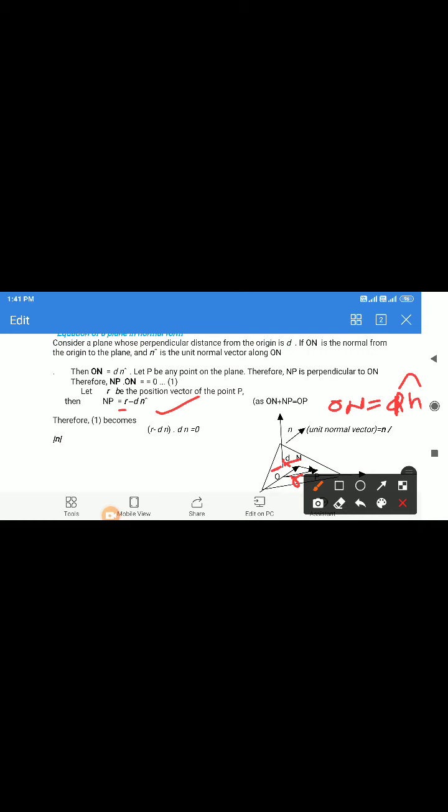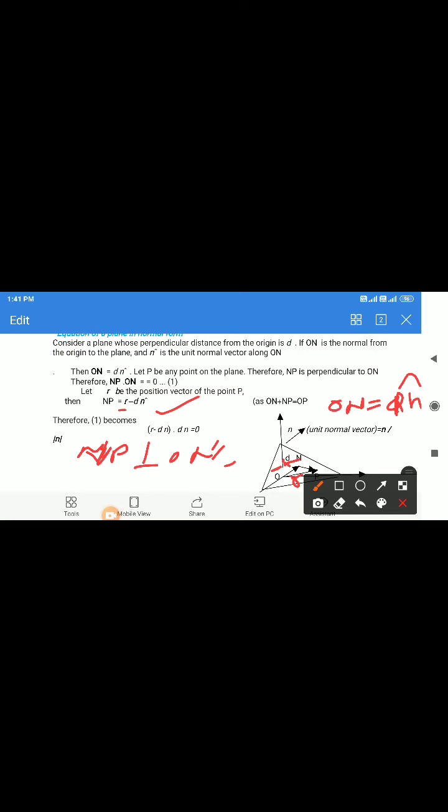Here we see from figure that NP is perpendicular to ON. NP and ON are perpendicular. So vector NP dot dn is equal to 0. Dot product of these two is equal to 0.